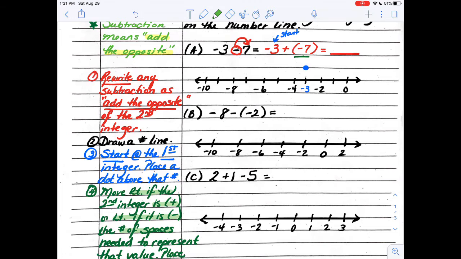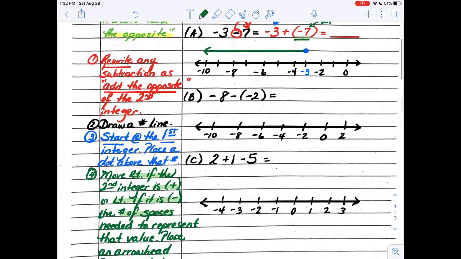So if I have a -7 right here, that means that I definitely need to go to the left 7 spaces. So let's go ahead and 1, 2, 3, 4, 5, 6, 7. I'm going to stop. I'm going to put that arrowhead on there to show which direction I went, which was left.